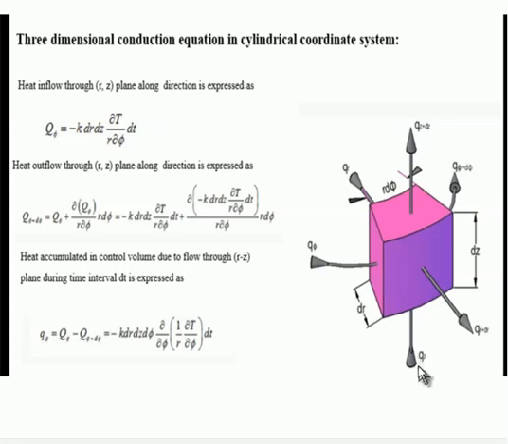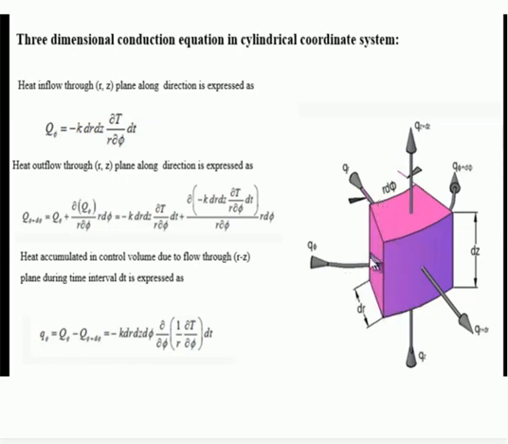Next, heat inflow through the r phi plane along the z direction is expressed as Qz equal to minus k r d phi dr dou t by dou z into dt. In the z direction, in polar coordinates, the length is dr and the other side is r d phi.